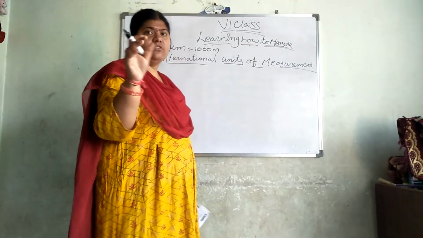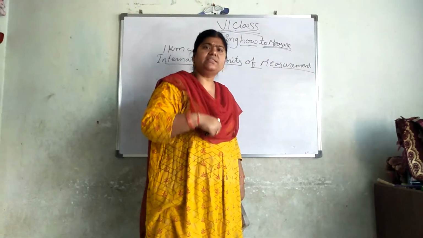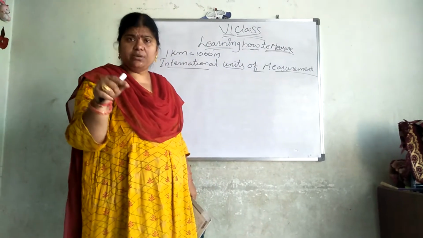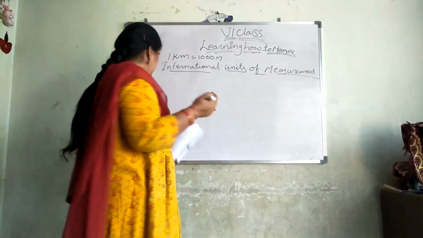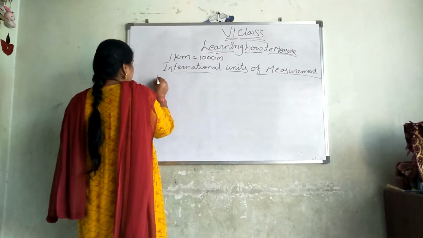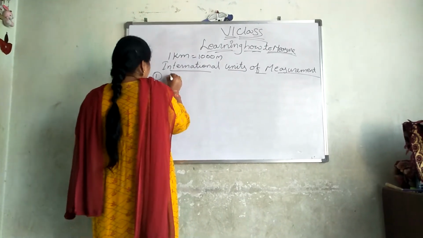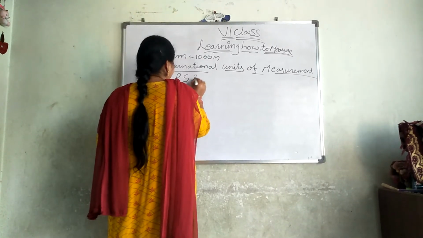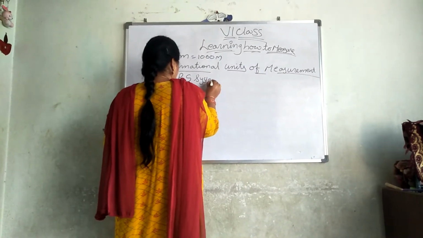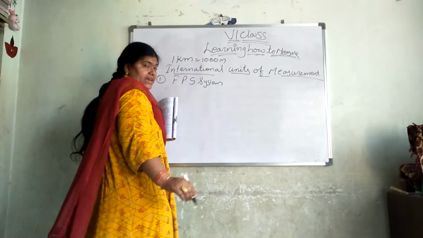Till now we talked about meters, then centimeters, then millimeters. Now for longer distances we are talking about kilometers. Still, what are those international units? The first one is the FPS system. What is this FPS?